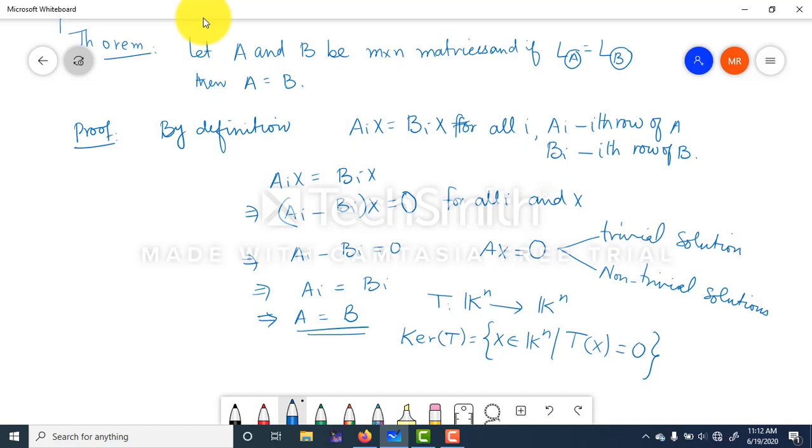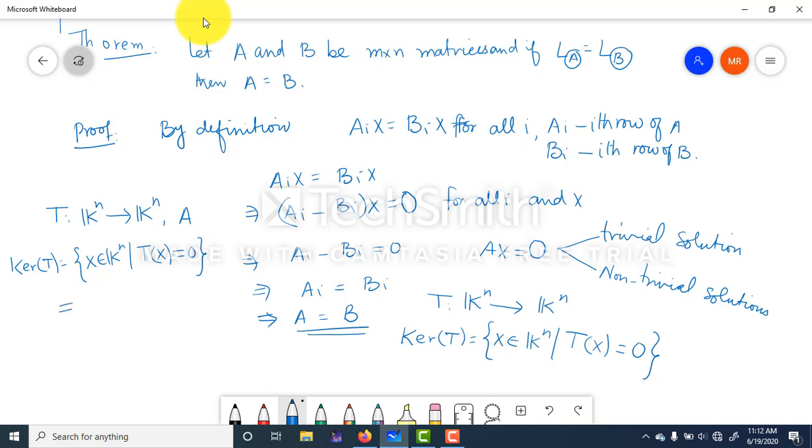Now, in terms of matrix transformation, if I have a transformation T from one space to another space defined by a matrix A, then the kernel of T is the set of all vectors in Kn whose image under T is equal to 0, and we know how T works in this case.